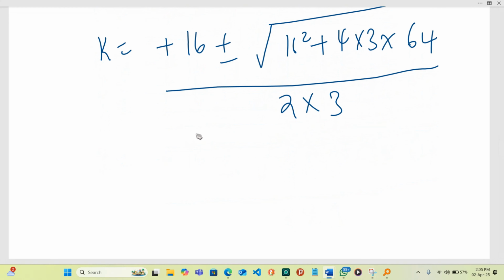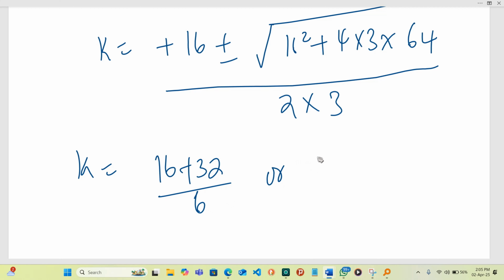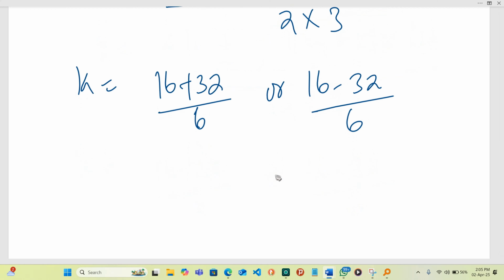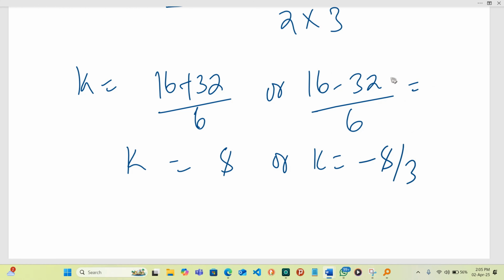So simplifying this would give you k equivalent to 16 plus 32 out of 6, or 16 minus 32 out of 6. So meaning this is 48 out of 6, and this becomes 8, or k is equal to negative 8 out of 3, because this is basically negative 16 out of 6.